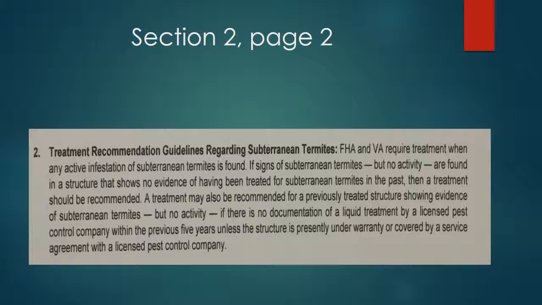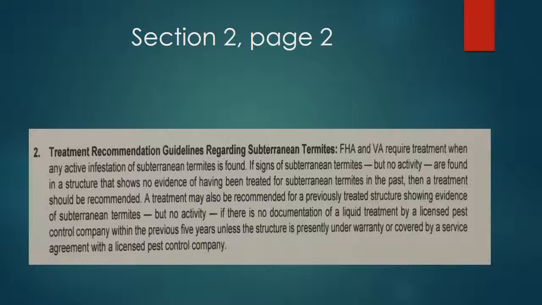It also says a treatment may be recommended for a previously treated structure showing evidence of subterranean termites but no activity if there is no documentation of a liquid treatment by a licensed pest control company within the previous 5 years, and unless the structure is presently under warranty or covered by a service agreement with a licensed pest control company.